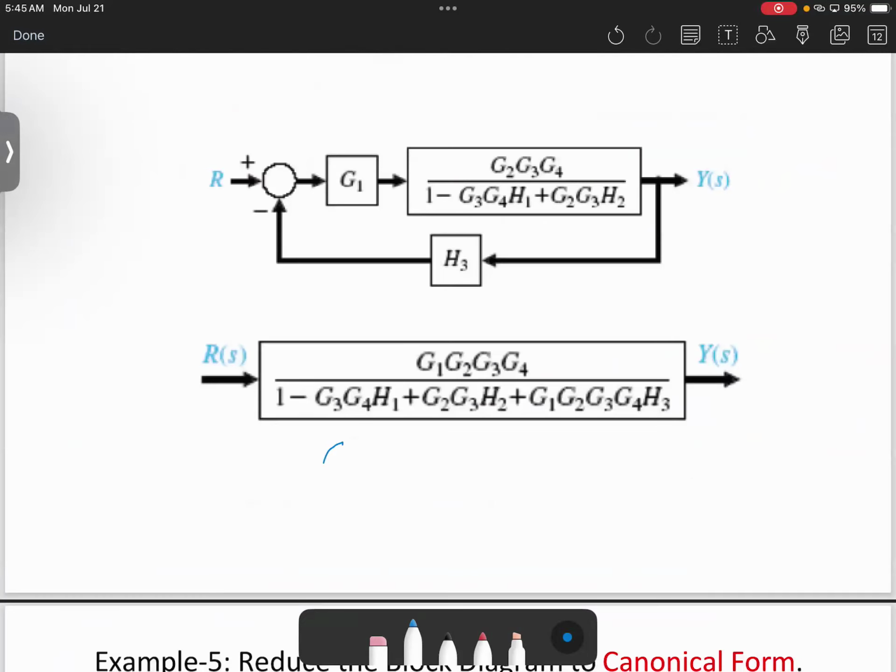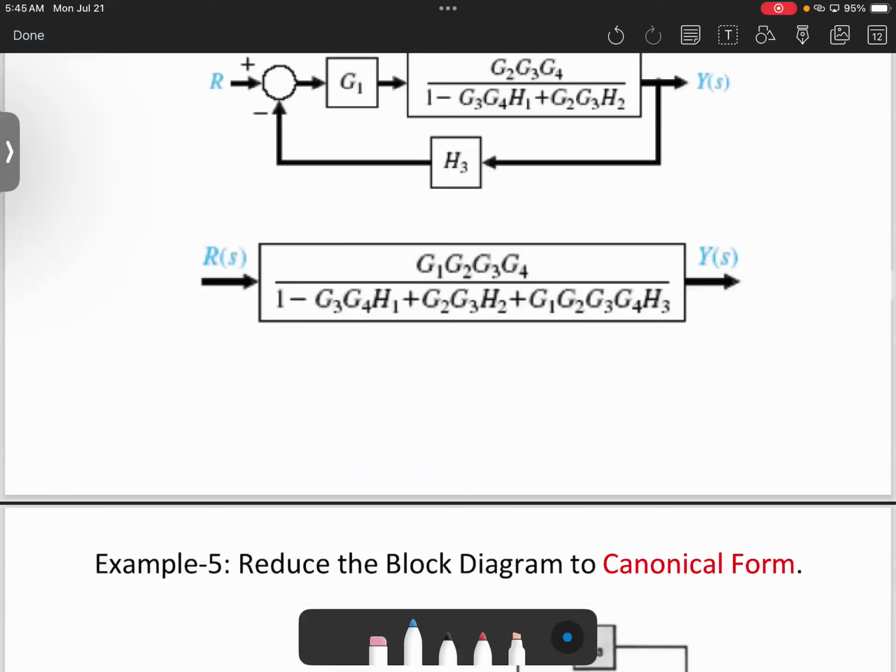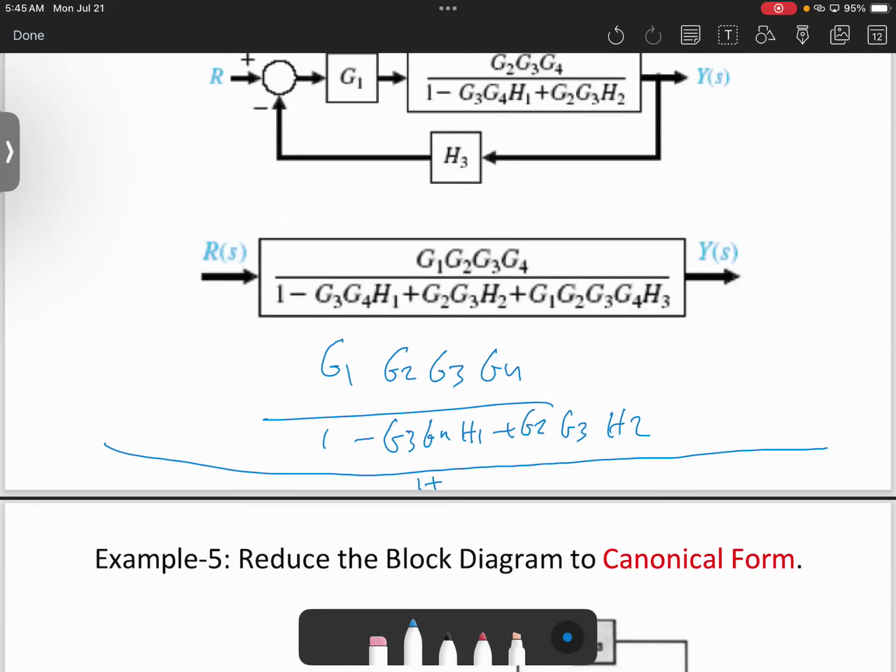So we will say G1 times G2, G3, G4 divided by 1 minus G3, G4, H1 plus G2, G3, H2, divided by 1 plus H3, G1, H3, this one, G1, then that big term. Then we need to simplify it by multiplying denominator and numerator by this term. Then the overall will be like this.